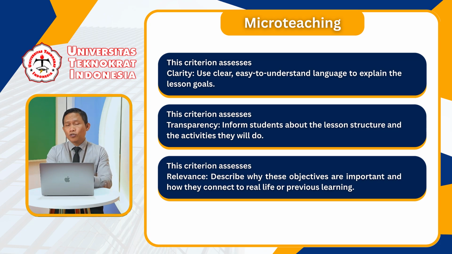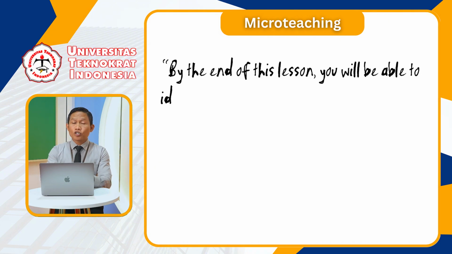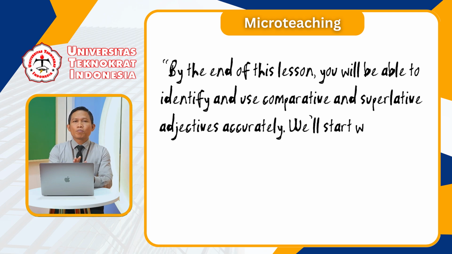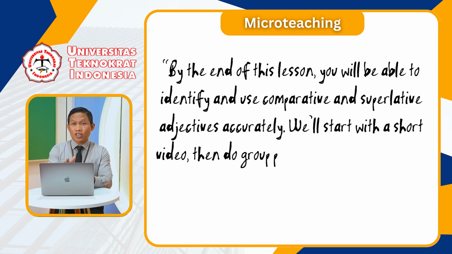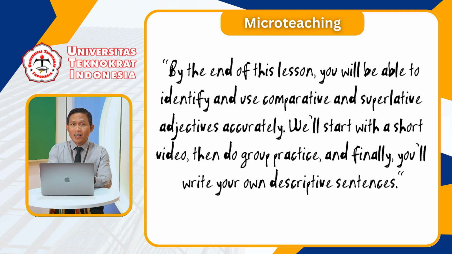For example, you may say this: by the end of this lesson, you will be able to identify and use comparative and superlative adjectives accurately. We will start with a short video, then do group practice, and finally, you will write your own descriptive sentences.